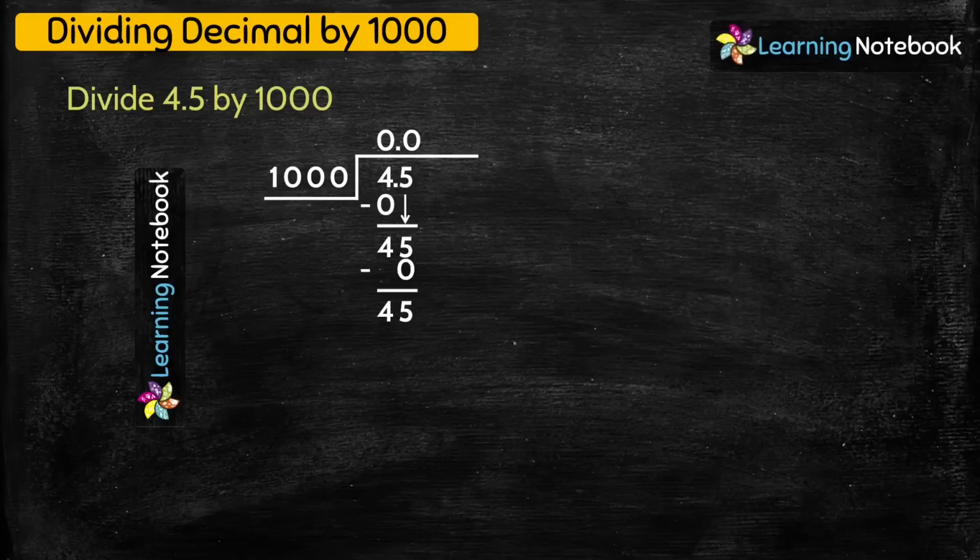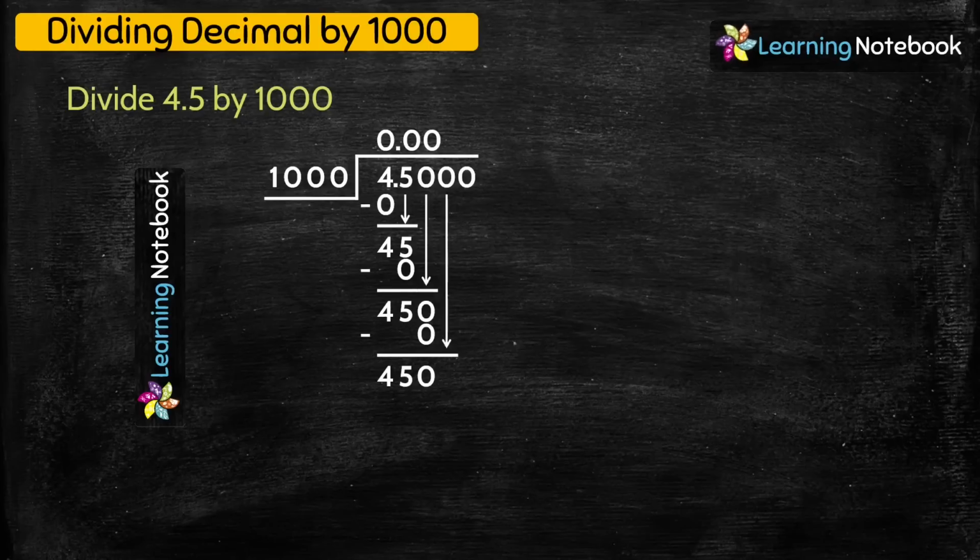Now the remainder is 45. So to continue with the division, we will insert few zeros. Copy next digit 0 and again we will do 1000 into 0 equals to 0. So 450 minus 0 equals to 450.